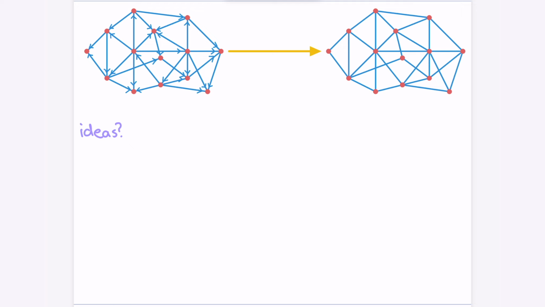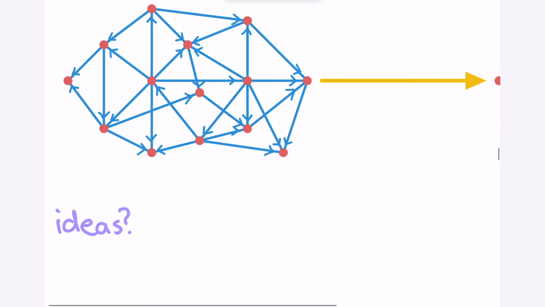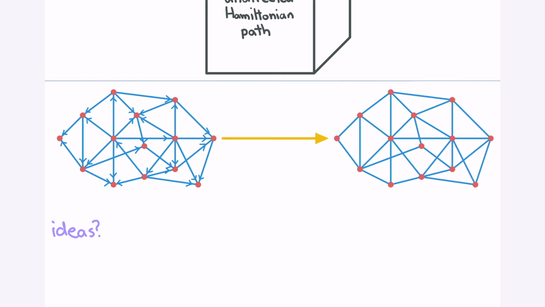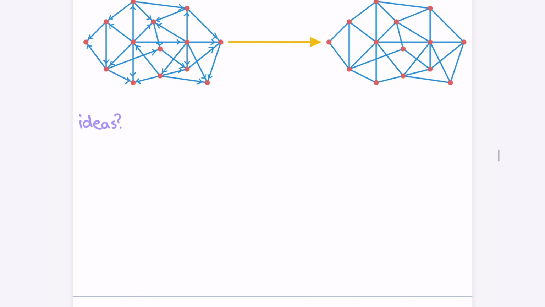Okay, so you start with a directed graph, so the idea is to just add all the opposite edges. Let's say that you add all the opposite edges and you find a Hamiltonian path in this undirected graph, or another way to think of it is to forget all the arrows, right? You forget the directions of the edges. One idea, which is actually how I drew the picture on the right, I just erased the arrows.